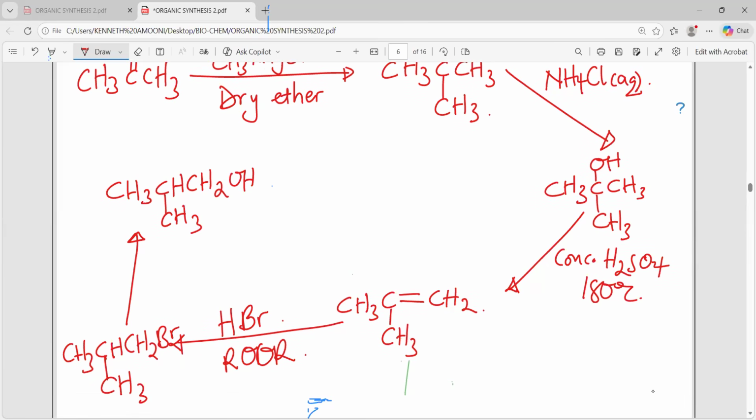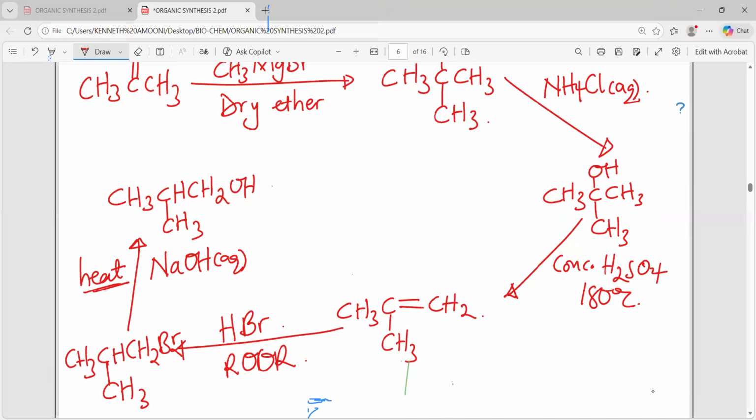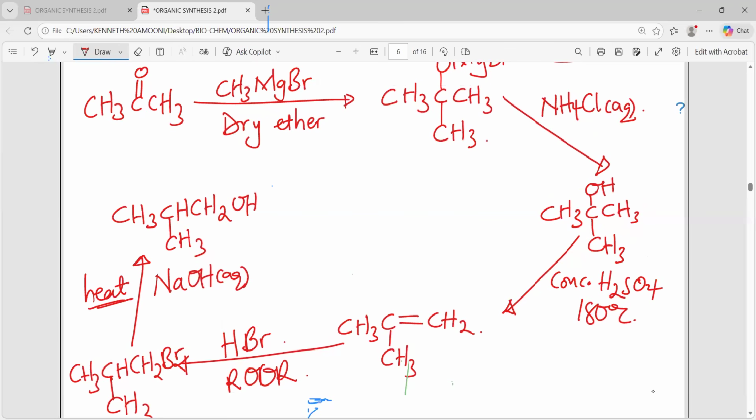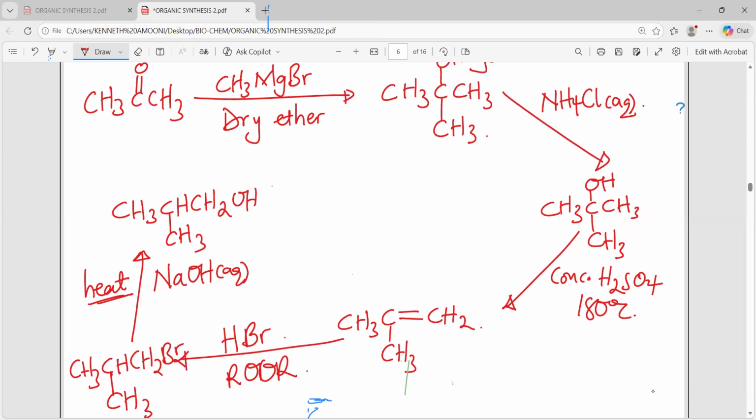So from this alkyl halide to give me an alcohol, we always use aqueous sodium hydroxide, then we heat, and we shall be in position to form that. So that is the synthetic route.